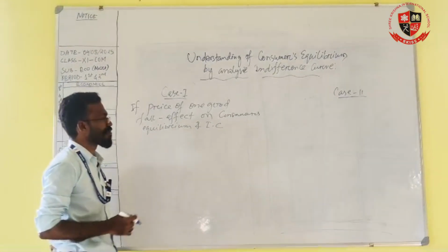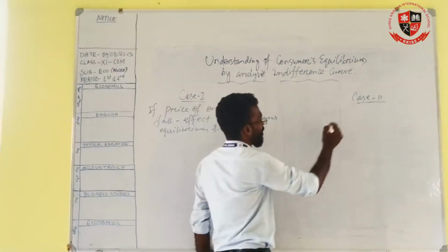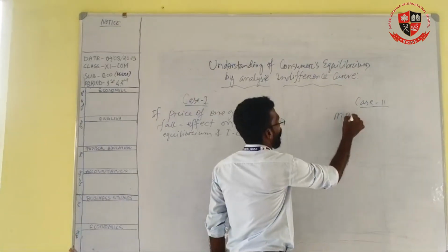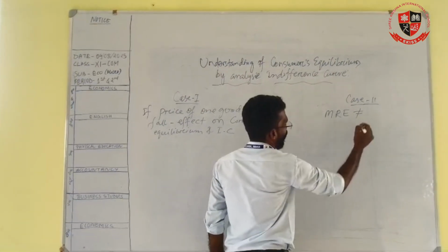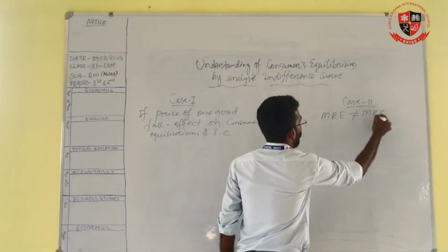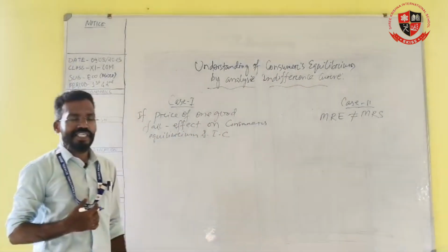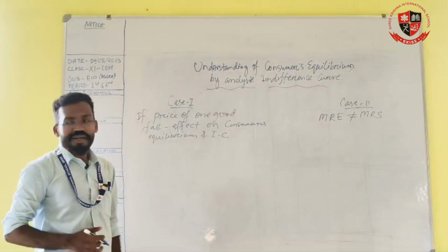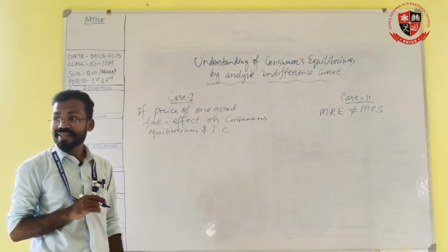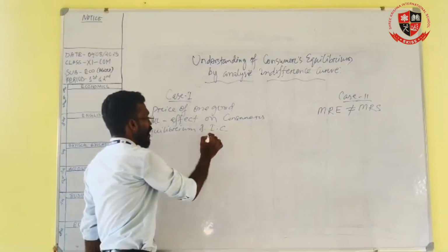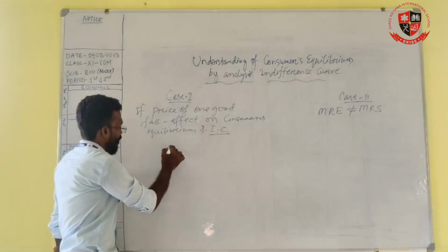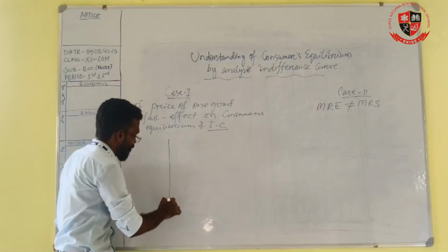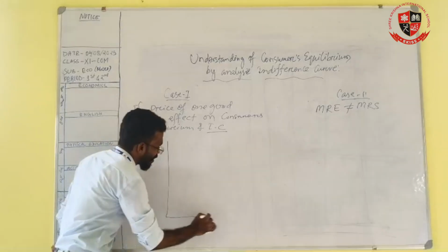This is case 1. And case 2 is if the marginal rate of exchange is not equal to the marginal rate of substitution, then how it is going to affect the consumer's equilibrium and indifference curve. So let us see the first case. With the help of one diagram we will understand this one.